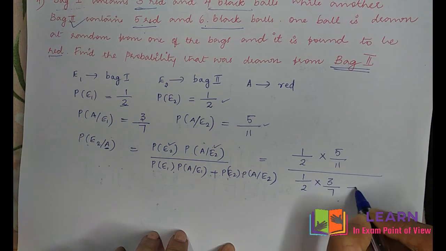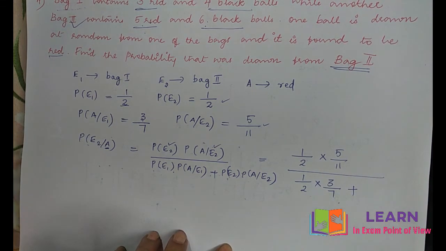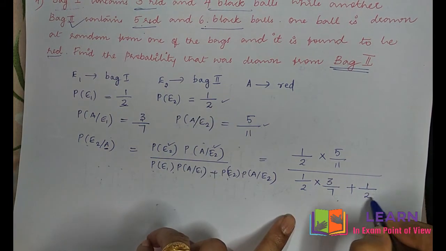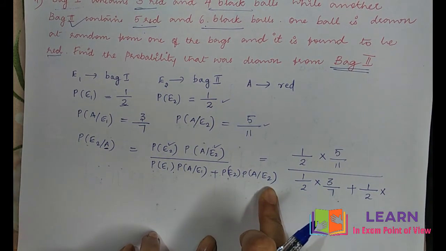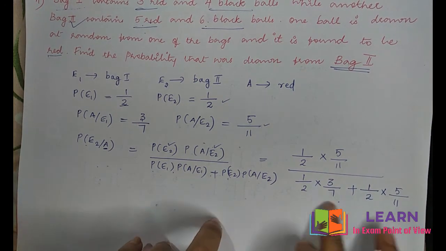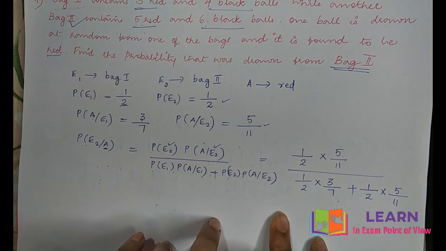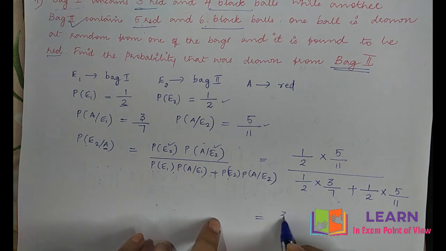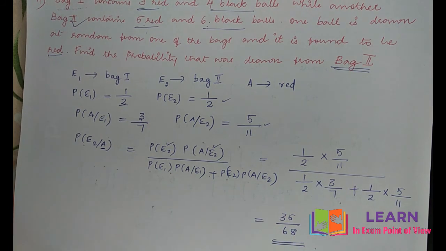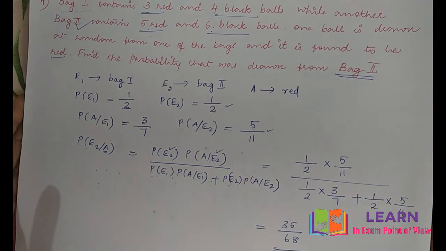So 3 by 7 plus E2 is what? P of E2 again 1 by 2. So 1 by 2 into A given E2, it is what? 5 by 11. Okay. Again simplify this. Simplifying, you will get 35 by 68. Check it, okay. It is just multiplication, cancel it, rearrange it, okay, and write.